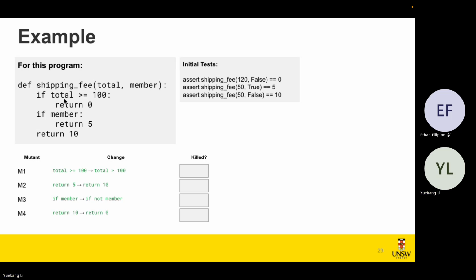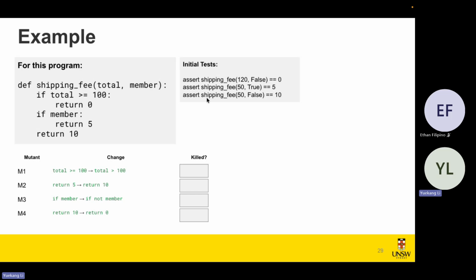If the total number is larger than or equal to 100, then we will always remove the shipping fee, no matter whether the person is a member or not. And if the total number is smaller than 100, and if the person is a member, then we will charge the person $5. Otherwise, we will charge the person $10. So we check the total number first, and then check the membership with this function here.